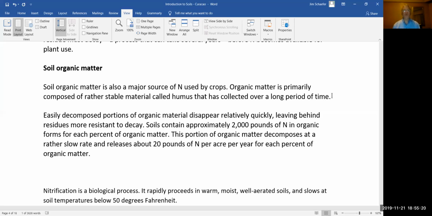When you see the word humus, a word that you probably have all heard before, humus is a stage of decomposition of organic matter in your soil where the rate of decomposition has slowed to a very slow rate.